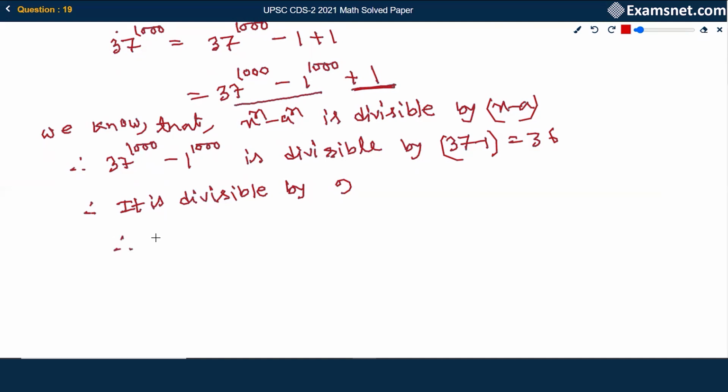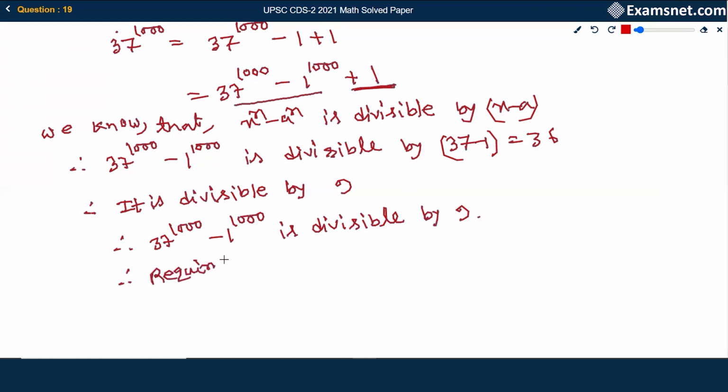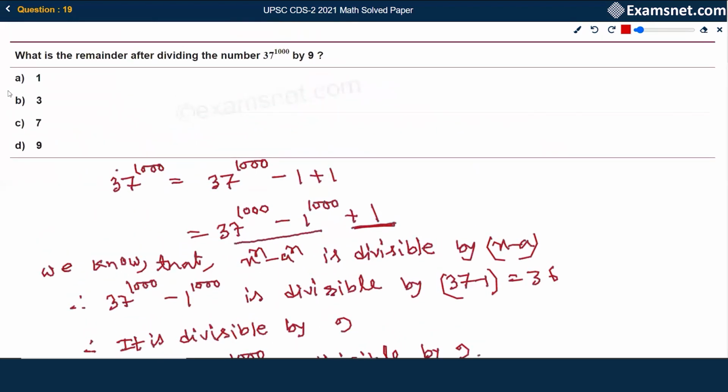Therefore 37 to the power 1000 minus 1 to the power 1000 is divisible by 9. Therefore the required remainder is 1. Okay, now let's check the options. Yes, option A is the correct answer here.